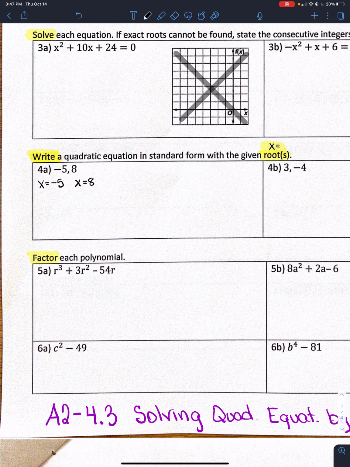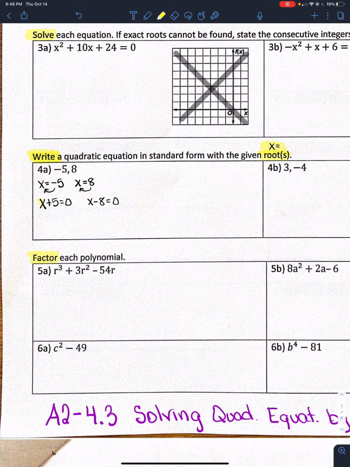So I'm going to add 5 to both sides. So I will get x plus 5 equals 0. Then I'm going to subtract 8 from both sides. And I will have x minus 8 equals 0.